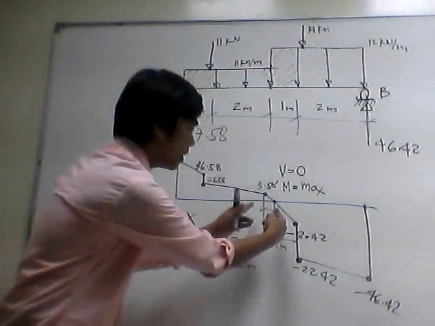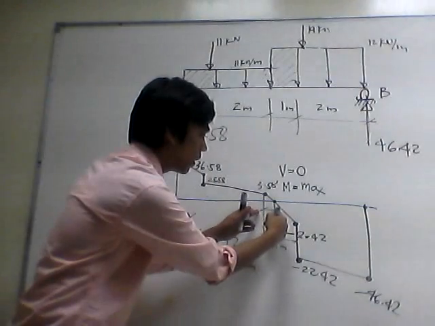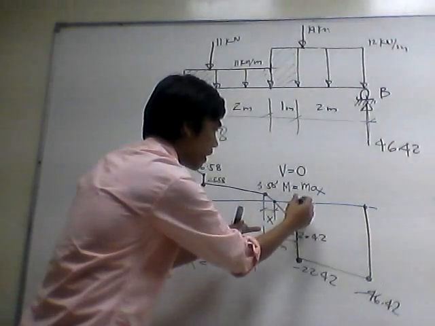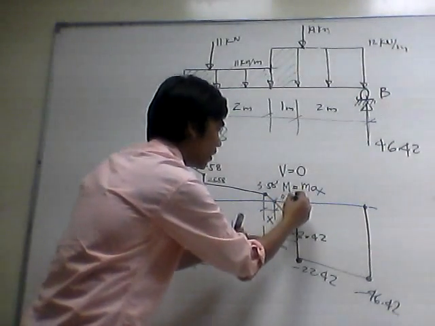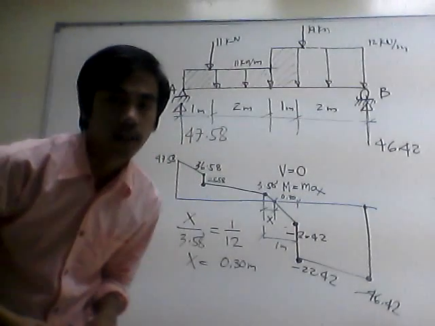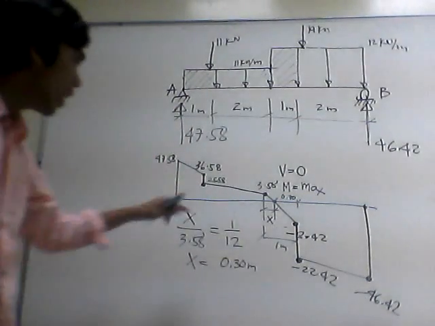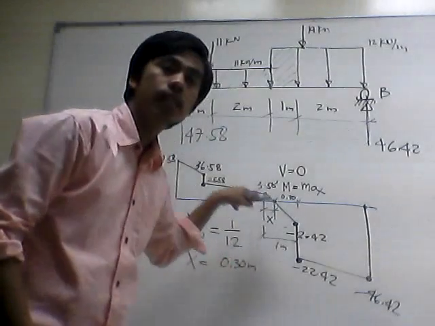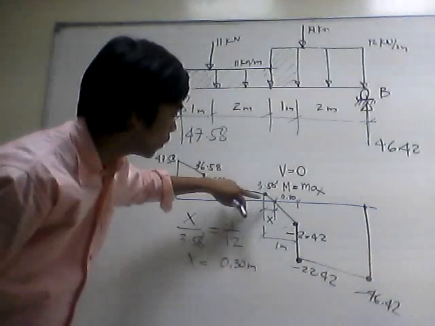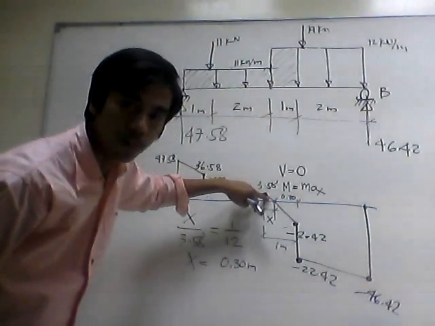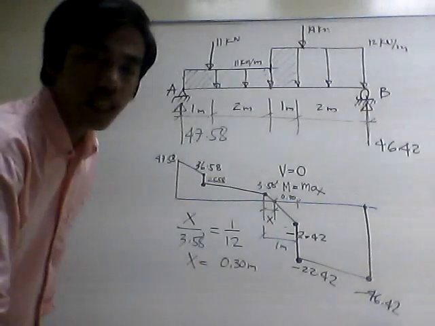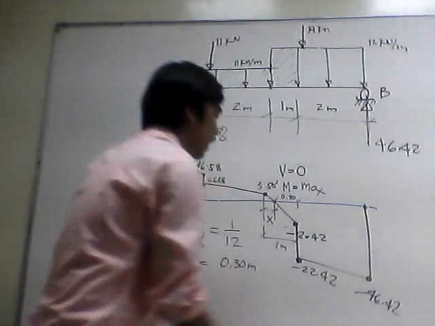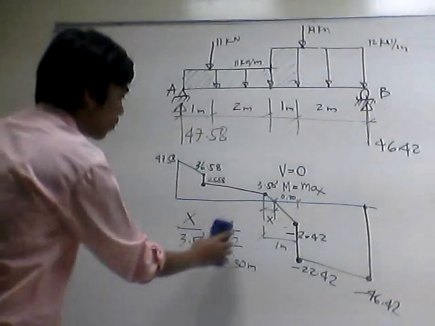So meaning this distance here is 0.30 meter, and we have this as 0.70 meter. Okay? So we now have this value of X. This is very important because later on we are going to solve for the area of this small triangle for the moment diagram. Okay, so we are now ready to draw the moment diagram.